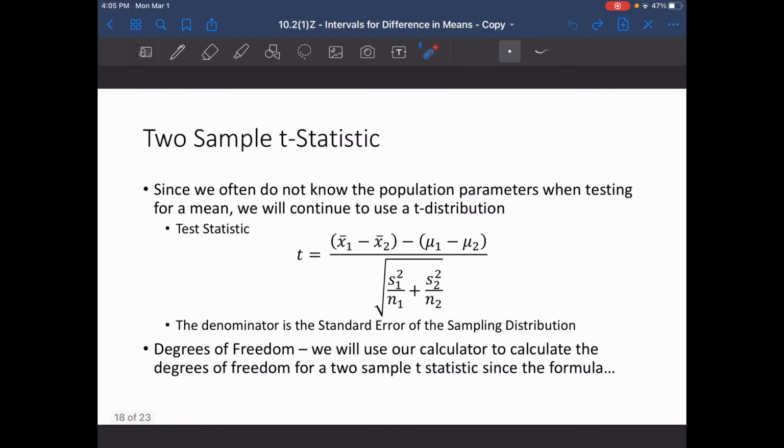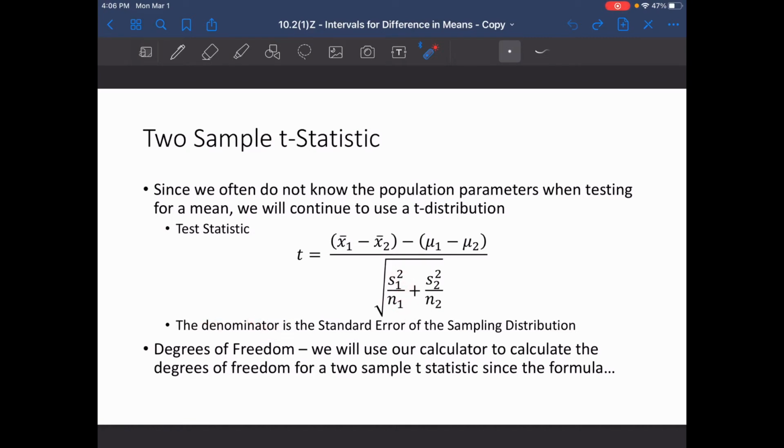Okay, from there, we can determine our test statistic. Since we often do not know the population parameters when testing for a mean, we will continue to use a t distribution instead of z to figure out our test statistic. So that's just going to be the sample mean of 1 minus the sample mean of 2, minus the population mean of 1 minus the population mean of 2, divided by our standard error right here.